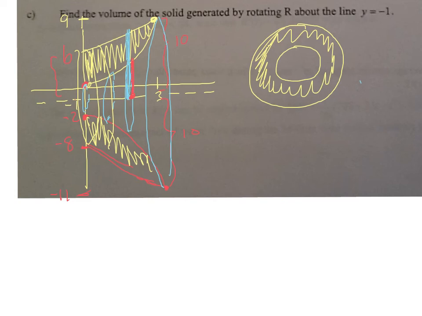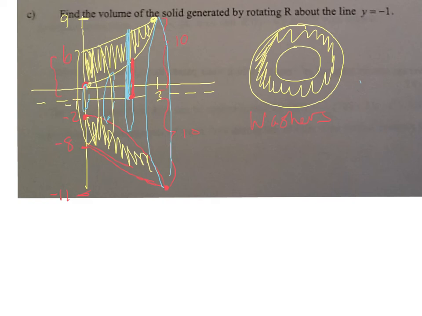Okay, so when I have washers, I can set up my integral as the big washer, the outer one, minus the inner one, or the higher curve minus the lower curve, each of those areas.